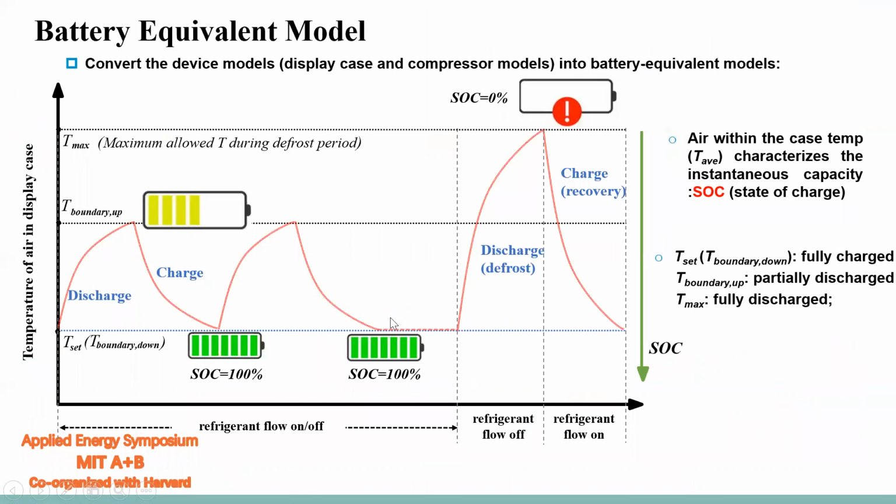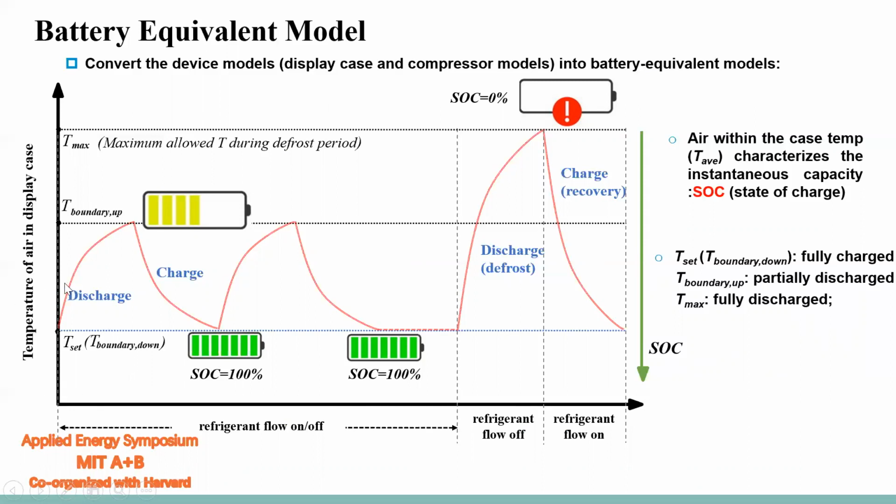Based on the above simplified models for display cases and compressors, we can develop a battery equivalent model (BEM) by converting the format and making some assumptions as well. These figures show the schematic.